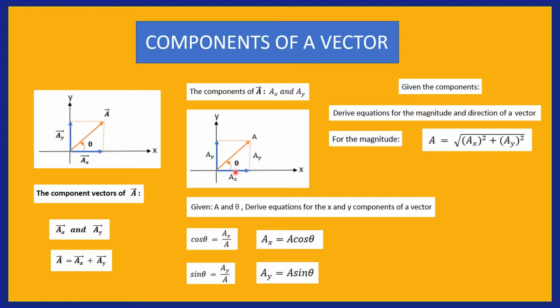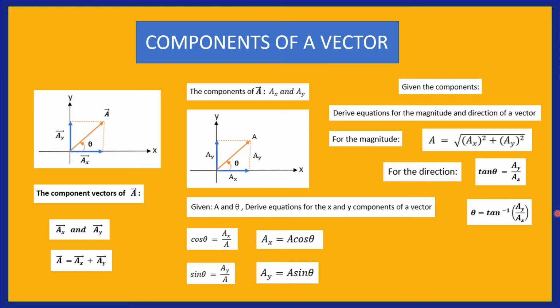We have a right triangle, so A equals the square root of A_x squared plus A_y squared. That's the magnitude of vector A. For the angle theta, we use tangent theta equals A_y over A_x, opposite over adjacent side. Therefore, theta equals arctangent of A_y over A_x.